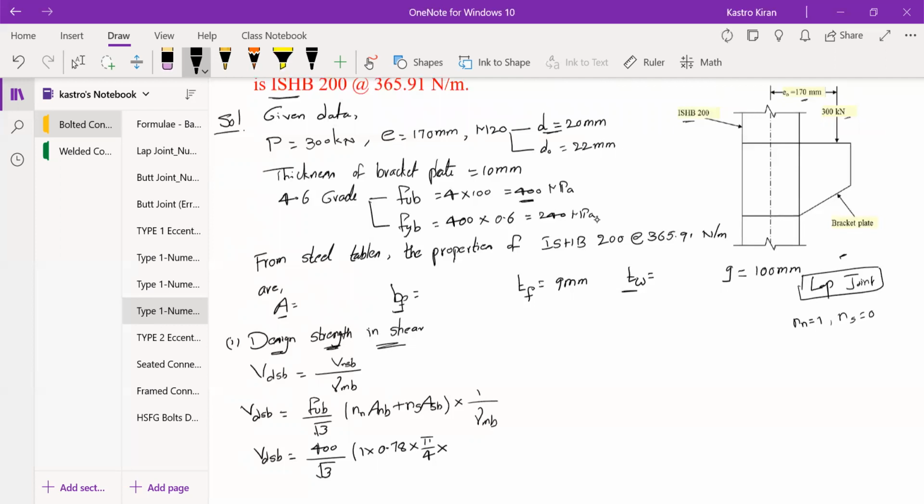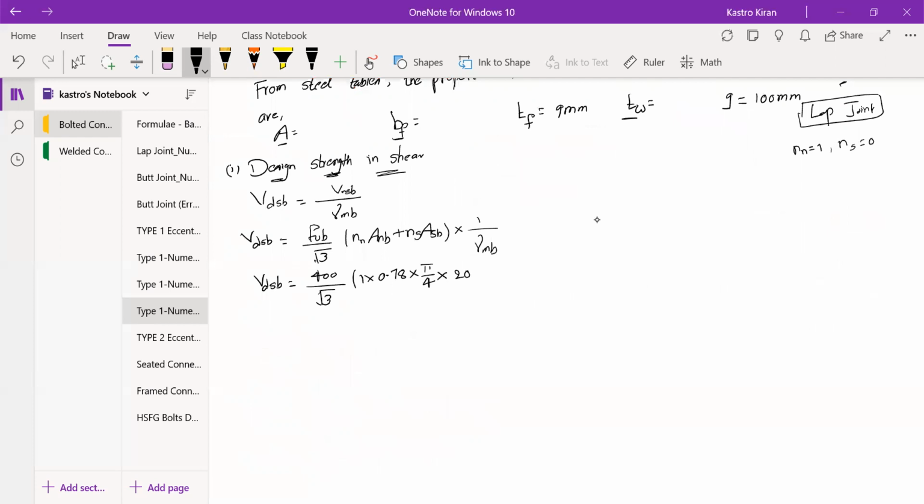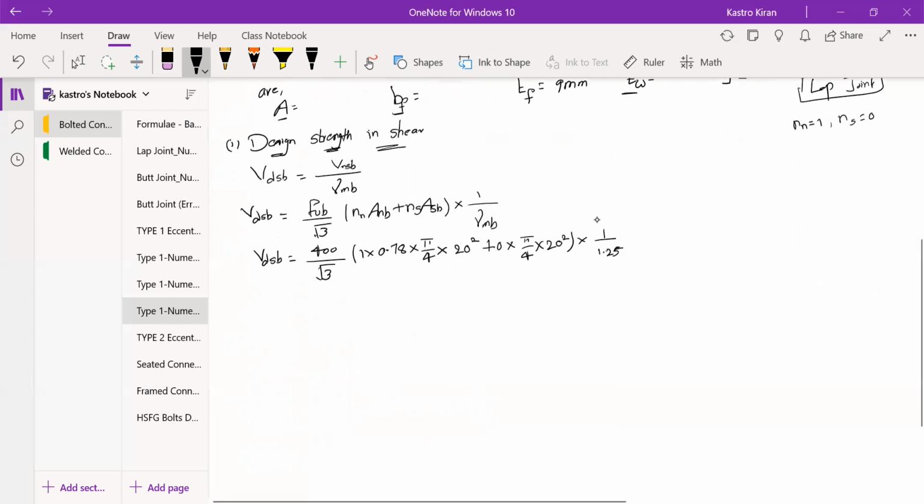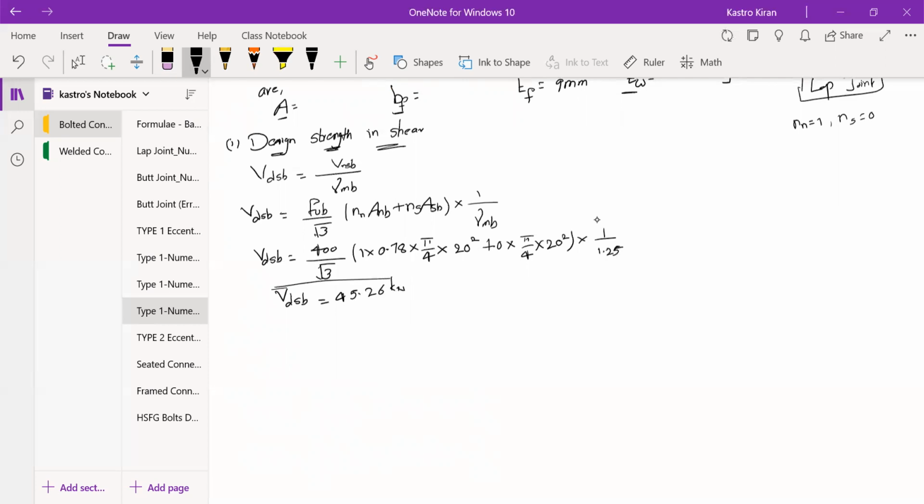Plus NS value is 0, and ASB formula is pi by 4 into D square, where again D is the diameter of bolt, into 1 by 1.25, since gamma MB value is 1.25. If you solve this equation, the VDSB value is obtained as 45.26 kilonewtons. This is how you can find the value of VDSB.